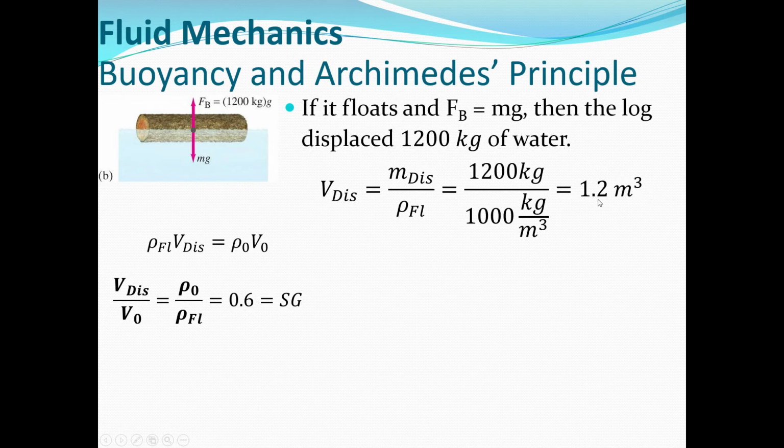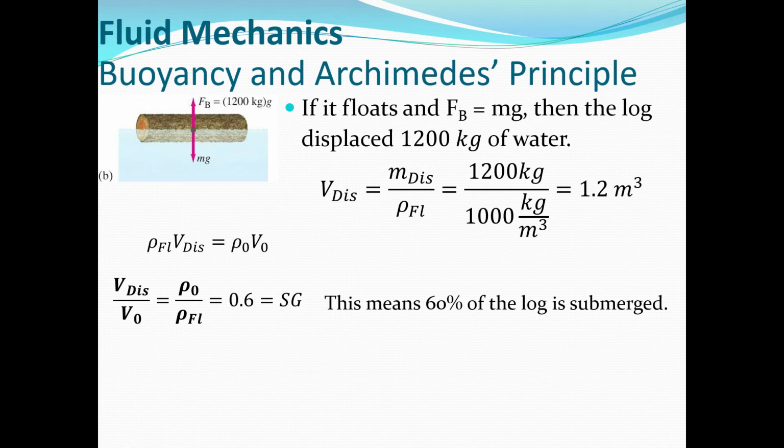We take the displaced volume of 1.2, divide it by the actual volume of the log of 2, and we end up getting that it's equal to 0.6, which is the specific gravity. So we find out that the log is 60% submerged.